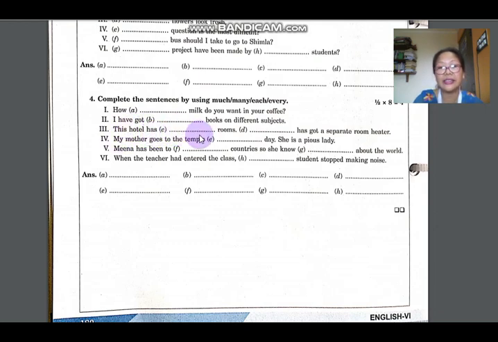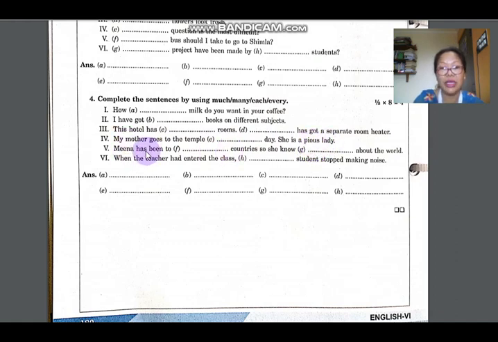This hotel has many rooms. Each has got a separate room heater. My mother goes to the temple every day. She is a pious lady. Pious means very religious lady.